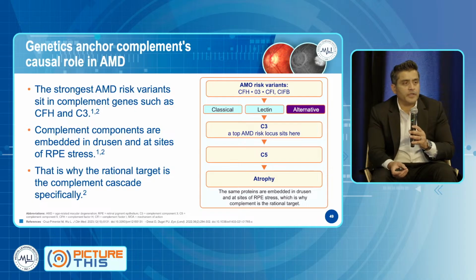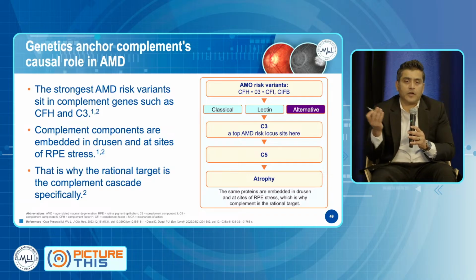And these complement components are embedded in drusen and at the sites of RPE stress, and that's why you see the loss of these cells. And it makes sense to target the complement pathway so we can actually cut the inflammation and slow down the loss of those cells.